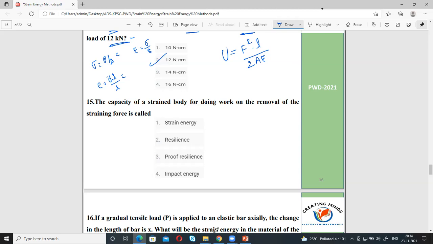It's the capability of a material to absorb energy when it is deformed elastically. So here I am talking about strain energy: the strained body doing work on removal of straining force. Resilience.